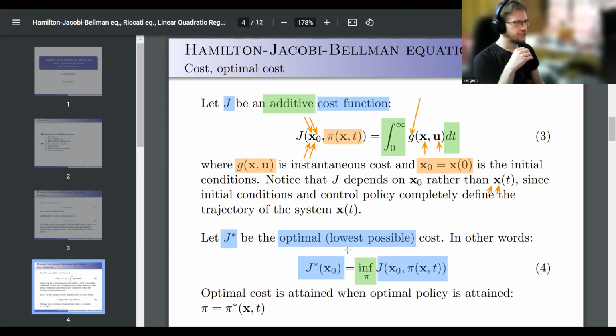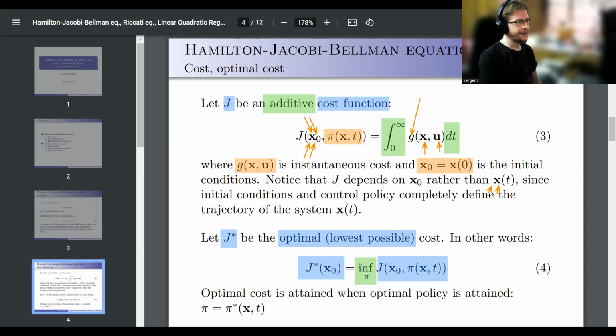Notice what happens here: we take all possible costs from a single initial position with all possible control policies, and we find the smallest possible cost among the different control policies. So we find the control policy that delivers the smallest possible cost, and that would be the optimal cost for x0. This would be the optimal one for this initial condition.